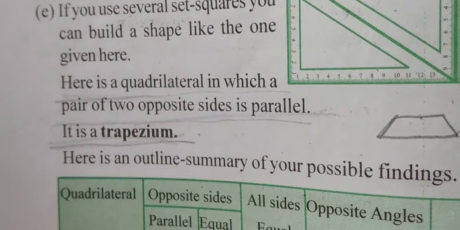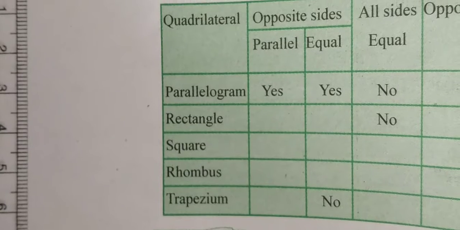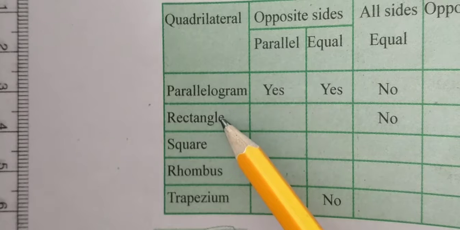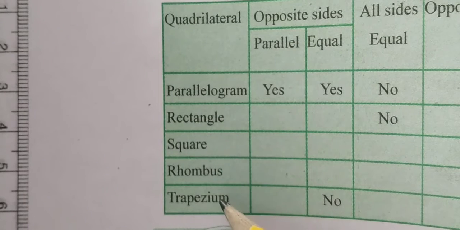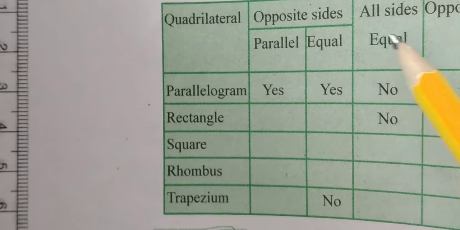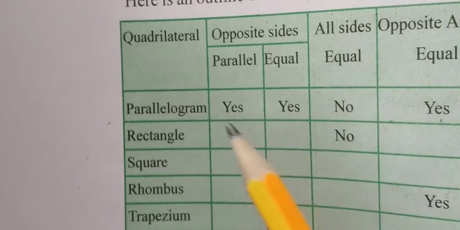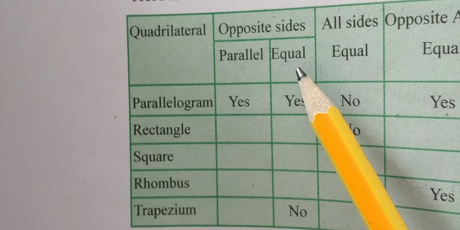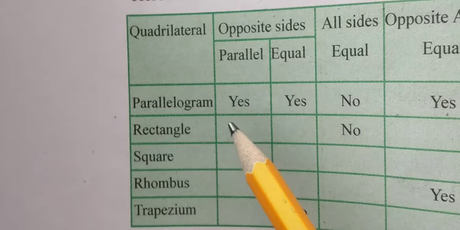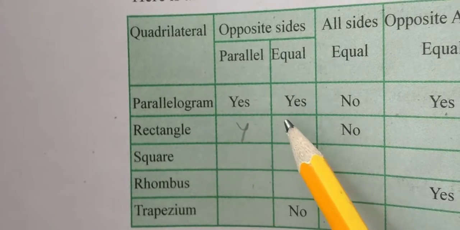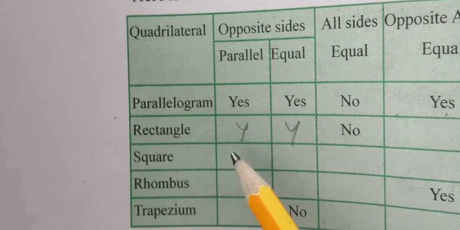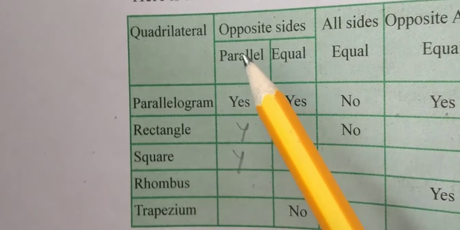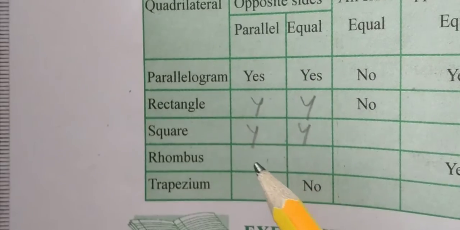So here we can summarize the quadrilaterals. You have studied parallelogram, rectangle, square, rhombus, trapezium. And if you see the properties which are outlined, opposite sides in a parallelogram are parallel and they are of equal measure. In the case of a rectangle, it's the same. In the case of a square, yes, opposite sides are parallel as well as equal.